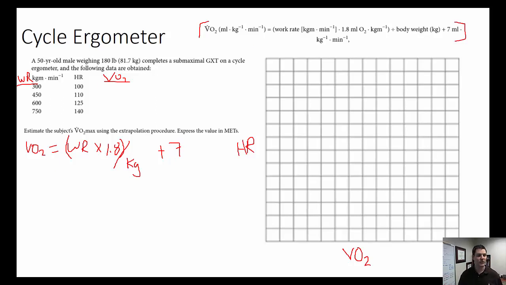So now we can plug these numbers in. I'll do it really quickly here.